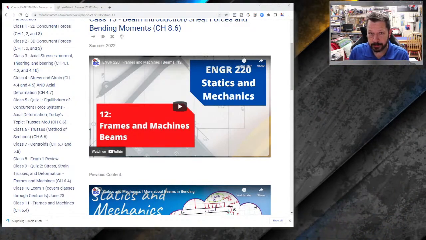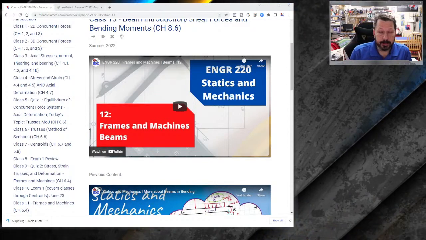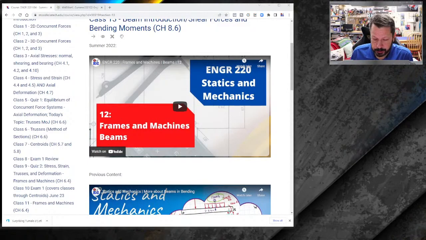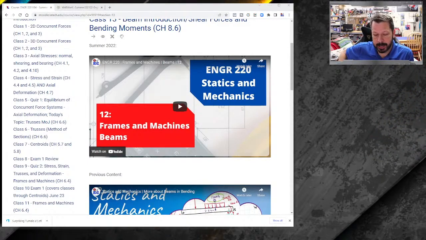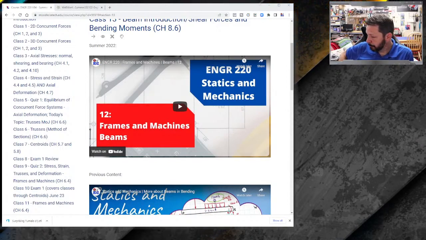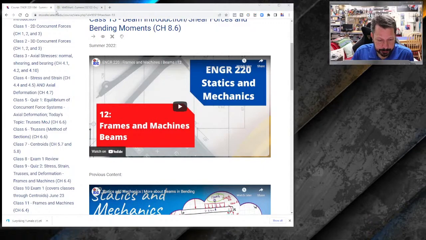There can be two-force members in a frame or a machine, but it could be that all of the pieces are beams. So we'll look at beams as a separate thing later today after we do our frames and machines. So the problem I was going to work through is this one right here.